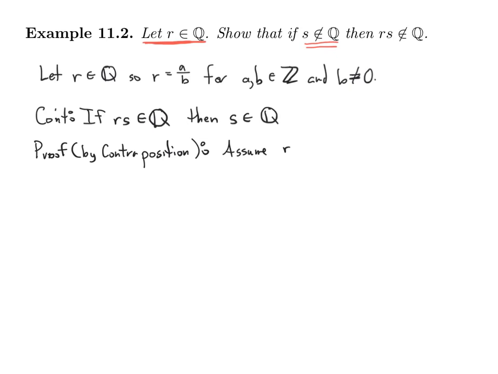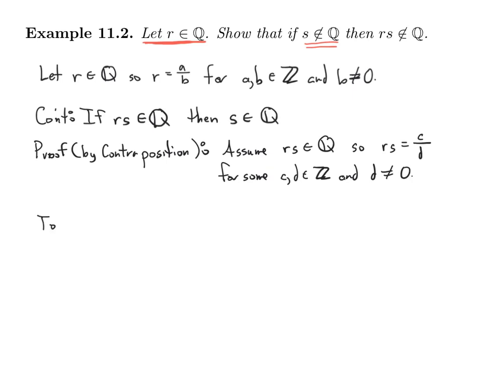that r times s is rational. So what does that mean? That means that whatever number rs is, I'm treating that as just one number, that can be written as a fraction. We've already used a over b to talk about r. So we'll talk about r times s as c over d, again, for some integers c and d, and we can't divide by 0. So, I want a d, not a b. D is, of course, non-zero.